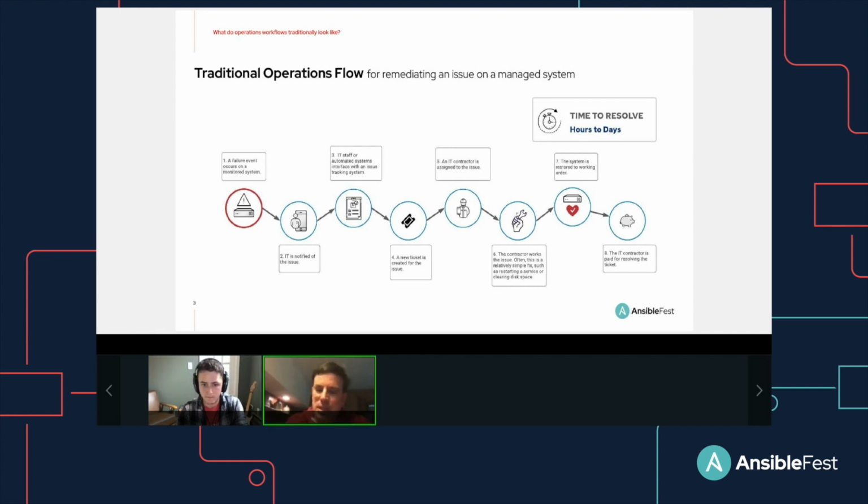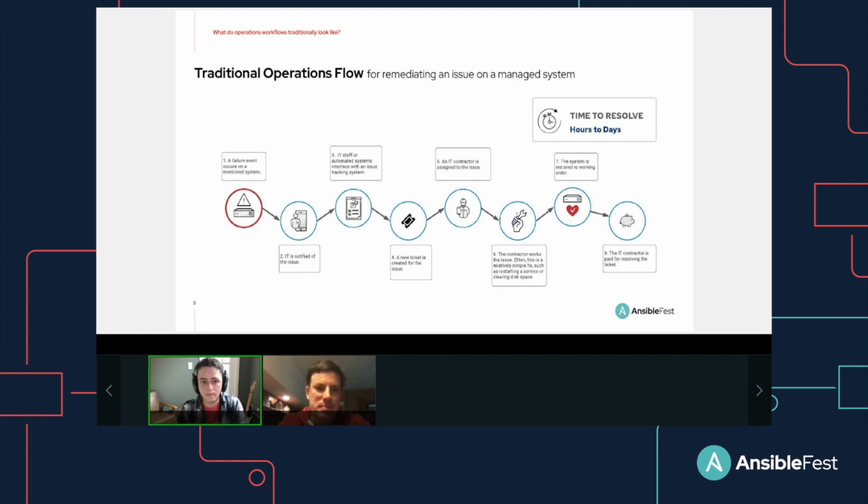Well, the ticket about the disk being full and the ticket about the service stopping are actually related to each other in this case. But because you have different people assigned to different tickets, a lot of times that context gets lost. No one knows that the issues are actually related to each other. And as a result, you get a bunch of churn in the processing of the ticket itself. So those are 3 things that we actually see as issues with the traditional operations flow.